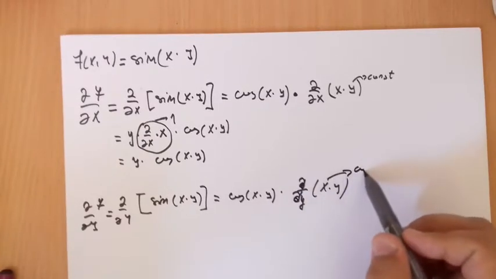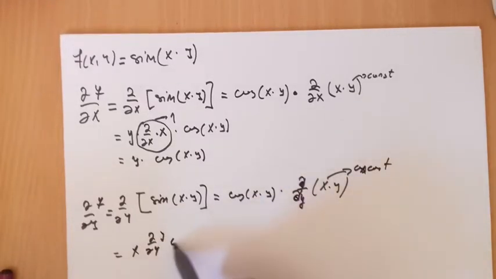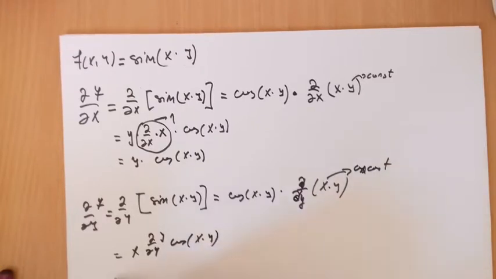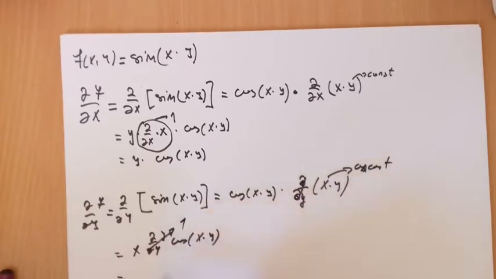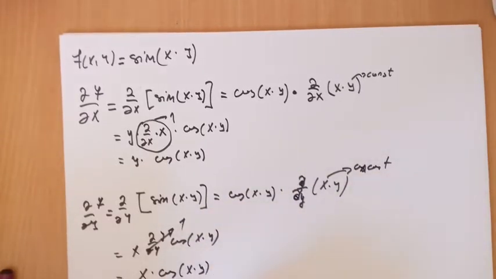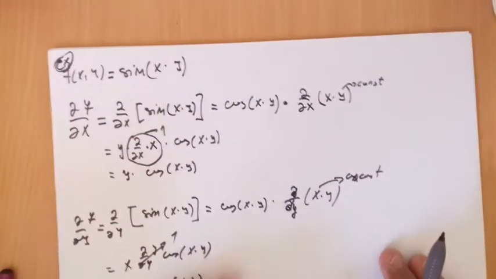So now x is a constant, which is x times partial of y, times cosine of x times y, which is, this is 1, so x times cosine of x times y. So this was another example.